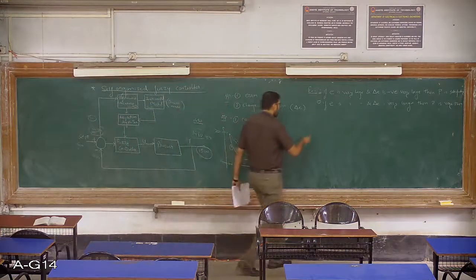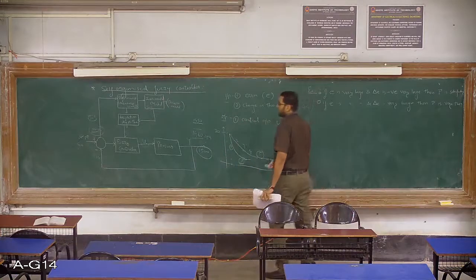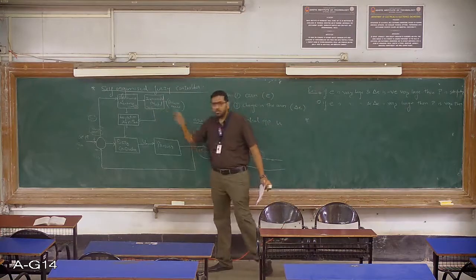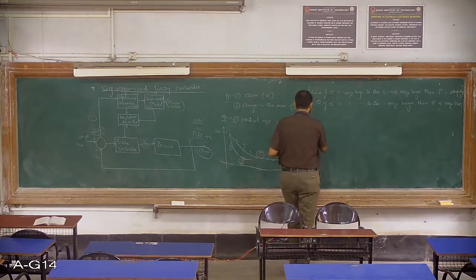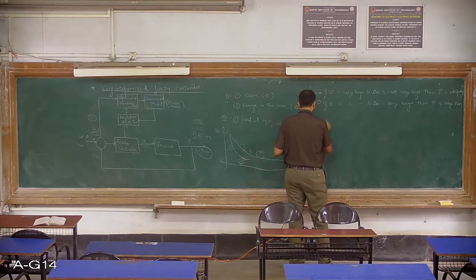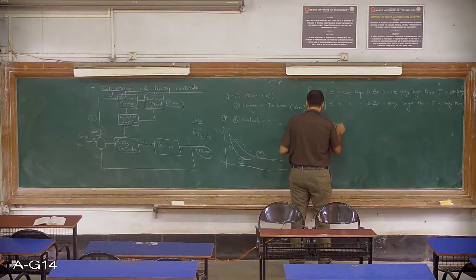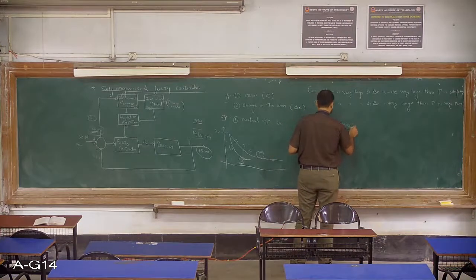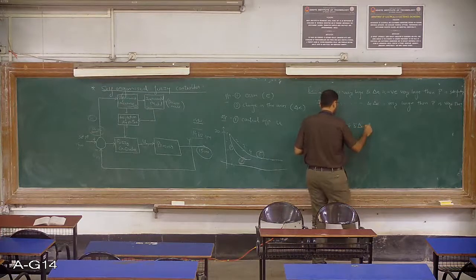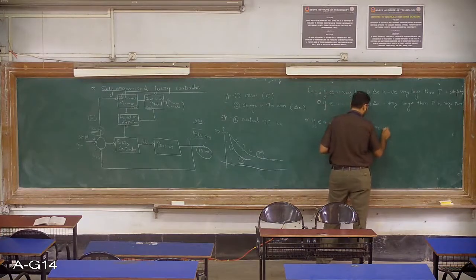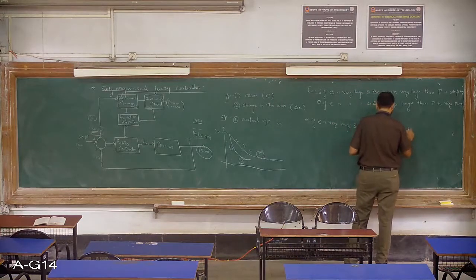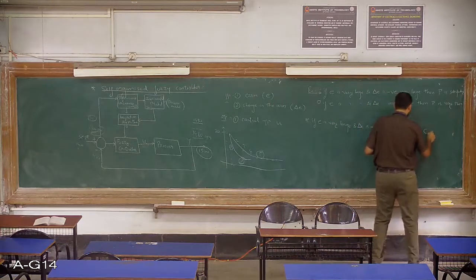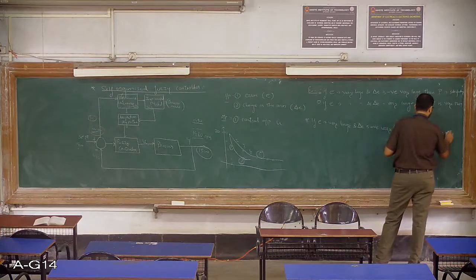Thus, in the incremental model and so on, it will start changing the rules. It will change the rule this way: if E is very large and delta E is very large, then C is negatively very large.